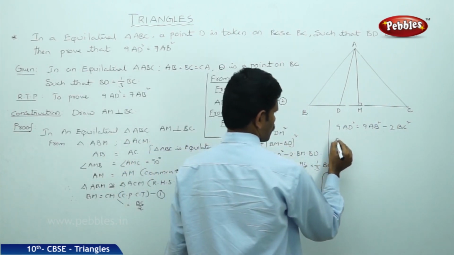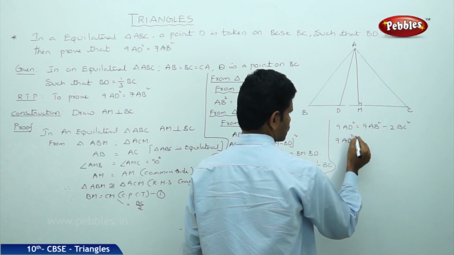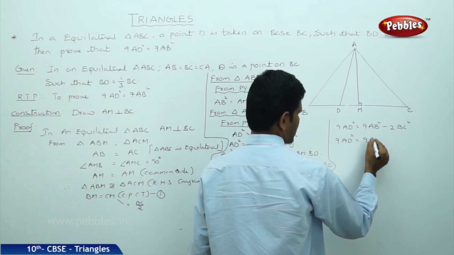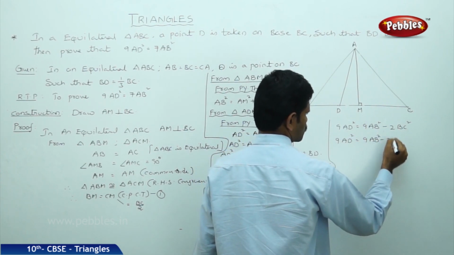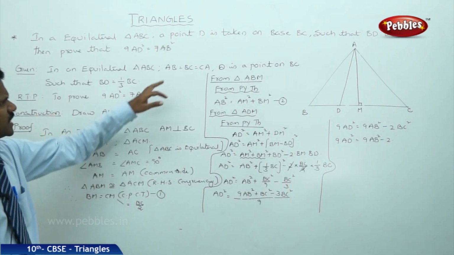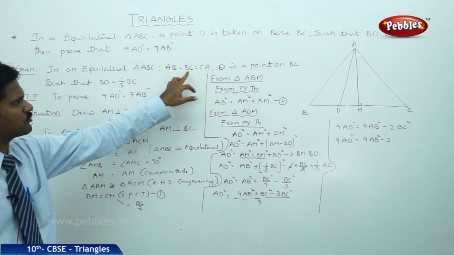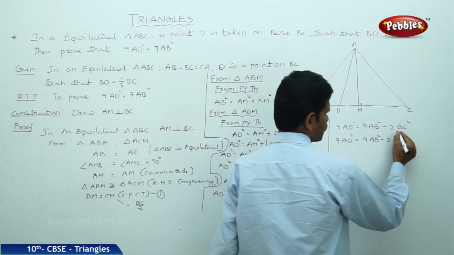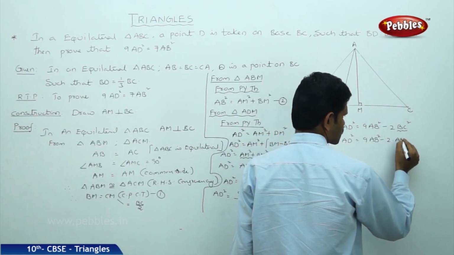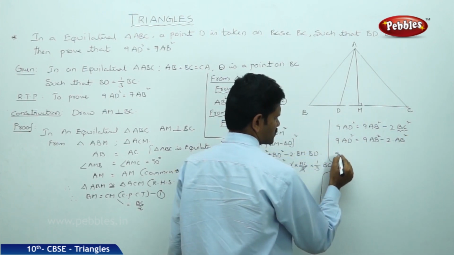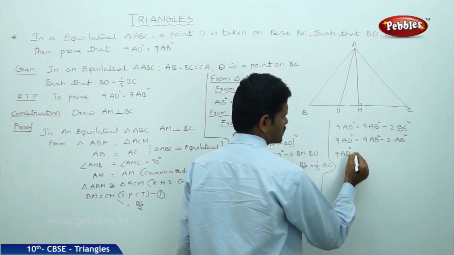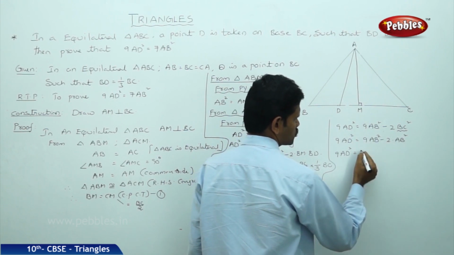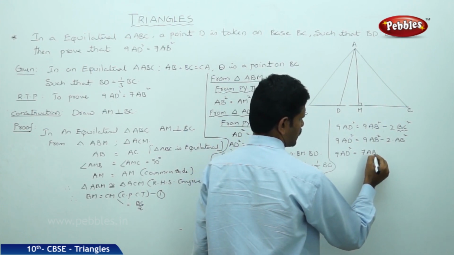Now, 9 AD square is equal to 9 AB square minus 2 into, since it is an equilateral triangle, AB is equal to BC is equal to CA, so BC will be replaced by AB square. That is, 9 AD square is equal to 9 minus 2, which is 7 AB square.